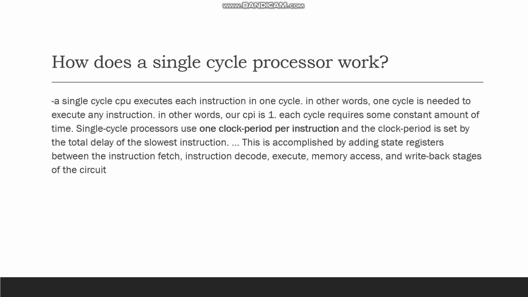A single cycle processor uses one clock period per instruction, and the clock period is set by the total delay of the slowest instruction. This is accomplished by adding state registers between the instruction fetch, instruction decode, execute, memory access, and write back stages of the circuit.